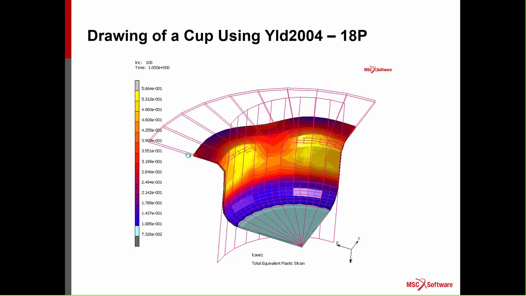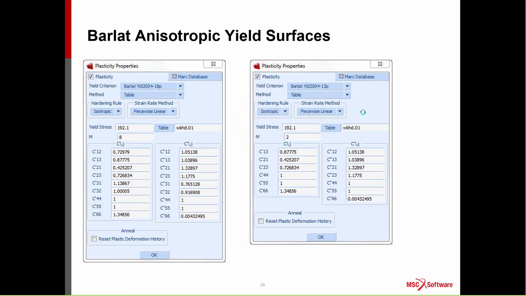The initial sheet is axisymmetric as well. And effectively what happens, because of the initial anisotropy in the material, is we create what's called earring, which occurs in the physical problem. And of course, again, everything can be introduced through the Mentat menus as well.